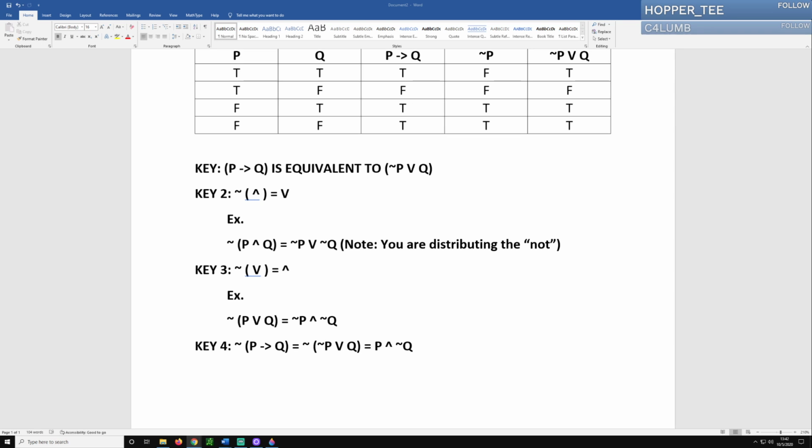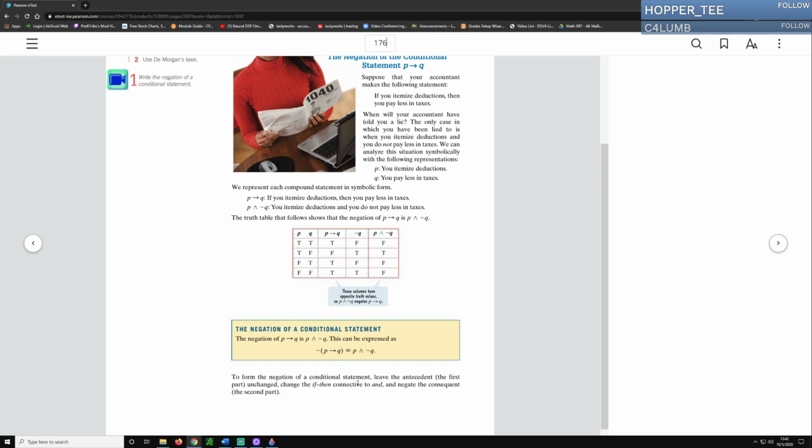So, let's take a good look at the book once again. Okay, there it is. You can see down here at the very bottom of this page, it says the negation can be expressed as, again, this is where they get this justification from.